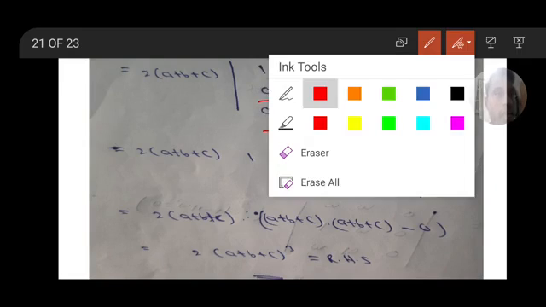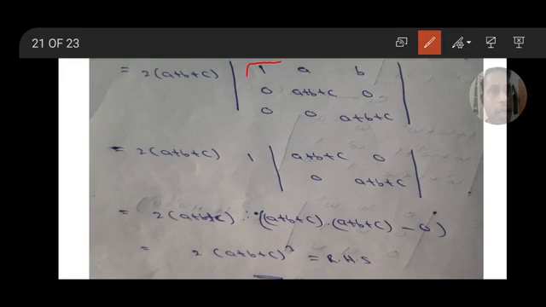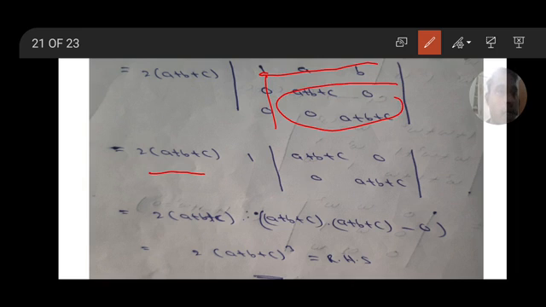Now expanding the determinant through the first column: 1 into its minor, minus 0 into its minor, plus 0 into its minor. These two zeros give 0, so only 1 into its minor remains. With 2 into (a+b+c) common, the determinant is (a+b+c) into (a+b+c) minus 0 into 0, which is (a+b+c) cubed.